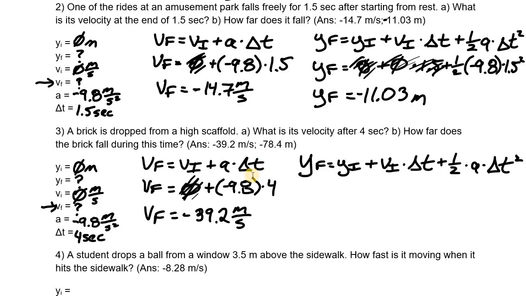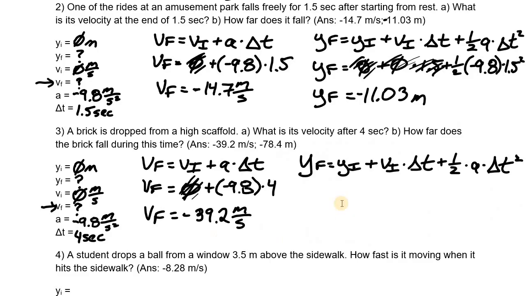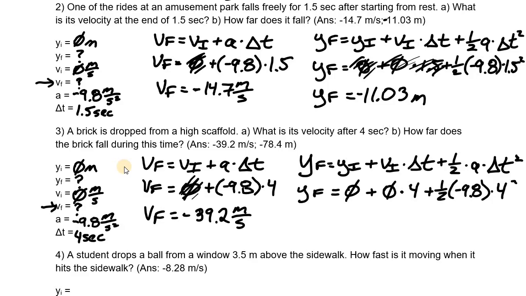Make sure that you wrote down the equation correctly, and I think we're looking good here. So let's plug this in. Our yi is 0, and our initial velocity is 0 times our delta t, which is 4, plus 1/2 times negative 9.8 times our 4, and don't forget to square that value.